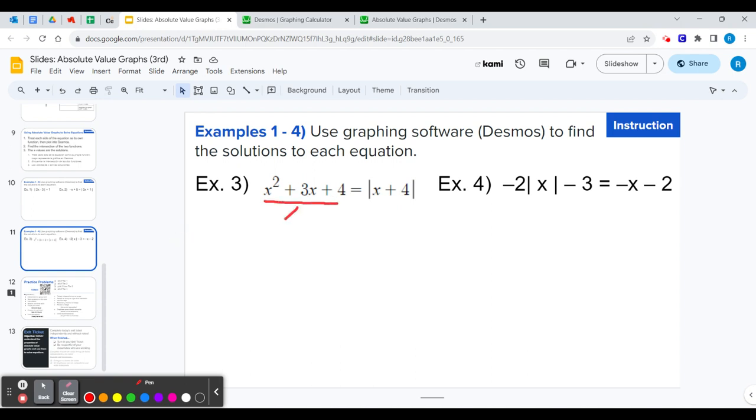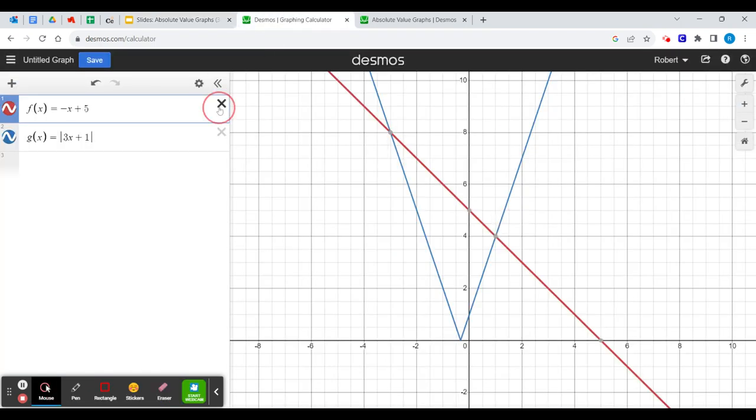So I'm going to call this polynomial my f of x here. I'm going to call this absolute value side my g of x. And if we graph those and find the intersection, we should be able to find our solutions. Let's go ahead and do that.